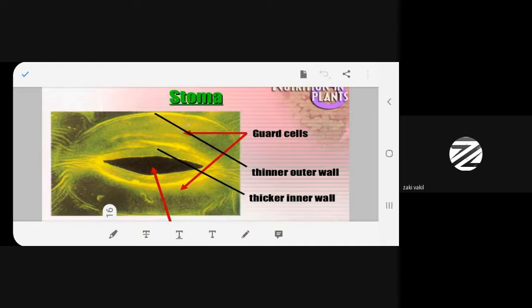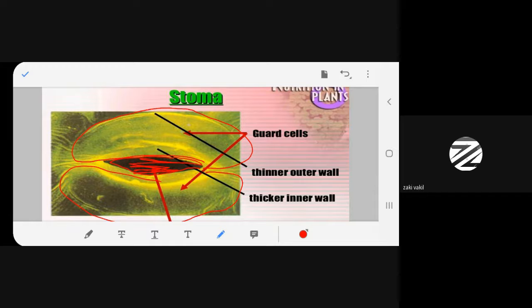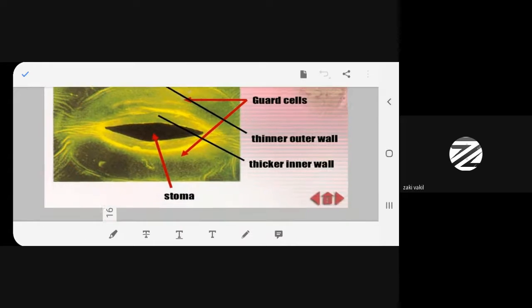See, this is the stoma. The black portion is the stoma. And this is the guard cell. Got it? So this is the stoma.